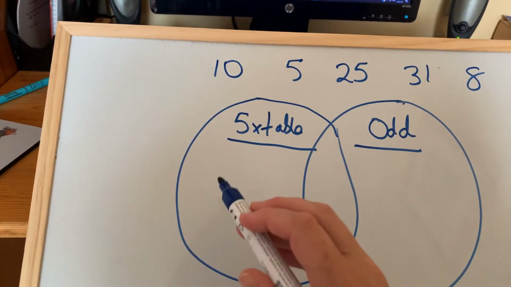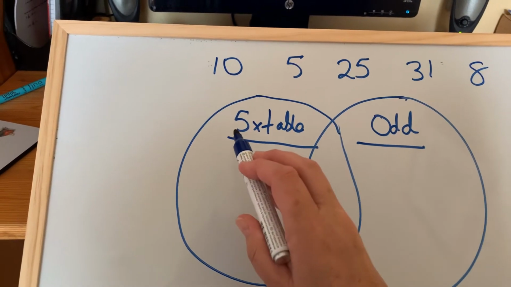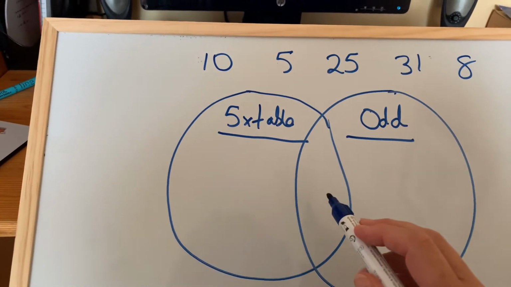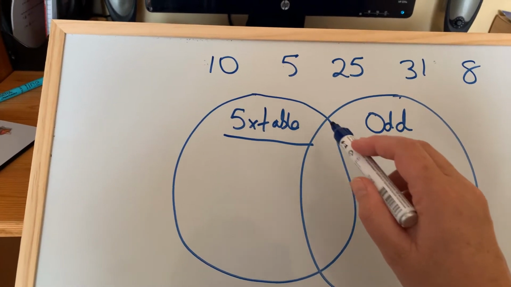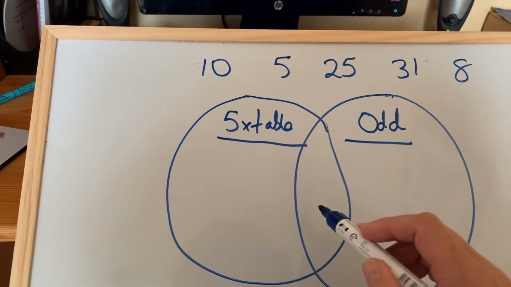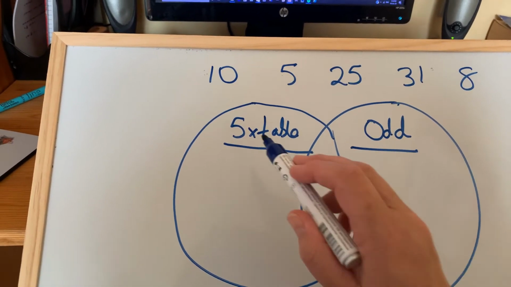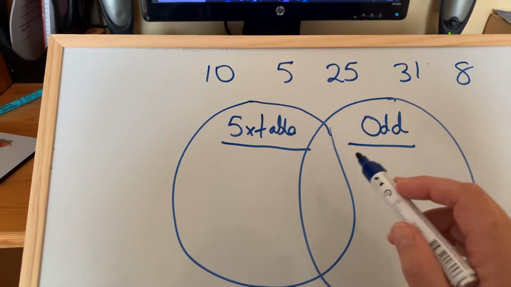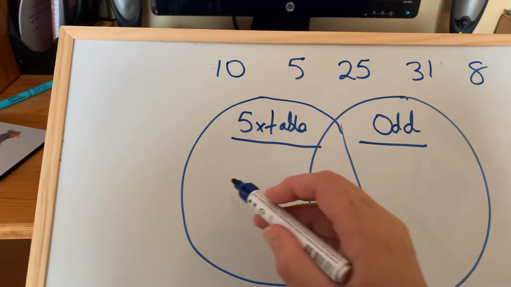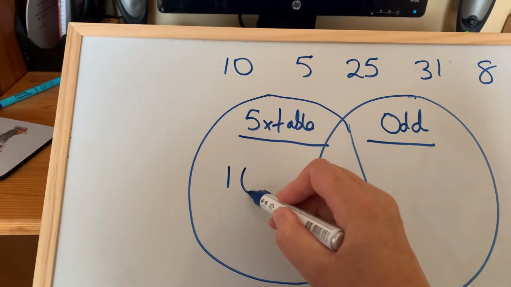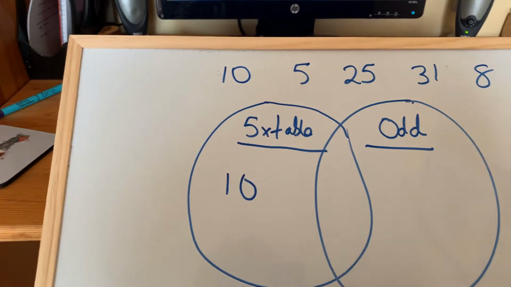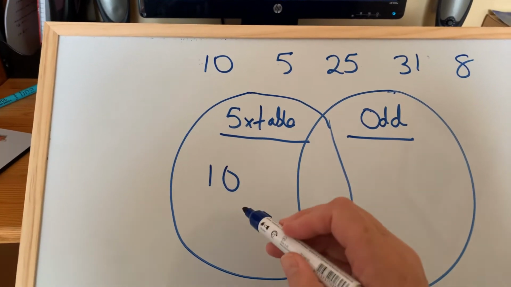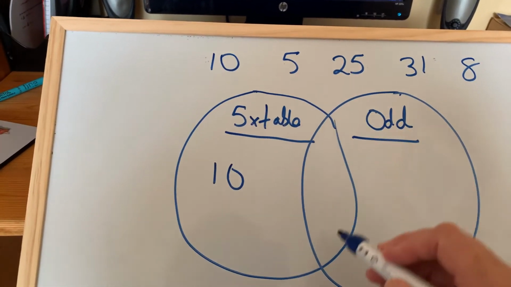10. Now, 10 I know is in the 5 times table. So would I put it here, or would I put it here? Because that is still part of this circle. For it to go there, it has to be in the 5 times table, and it has to be an odd number. 10 is an even number, so 10 would go there. 5 we know is in the 5 times table, so it would go in this circle.